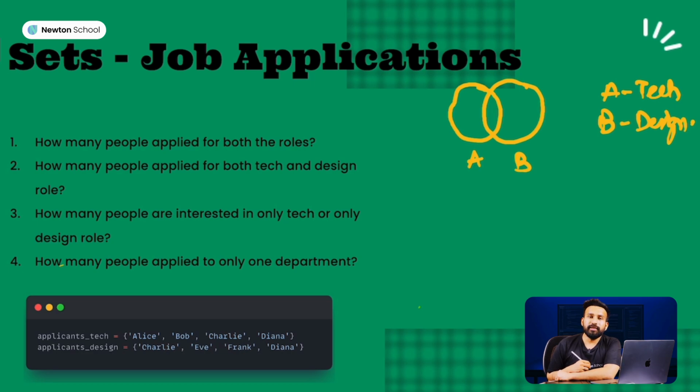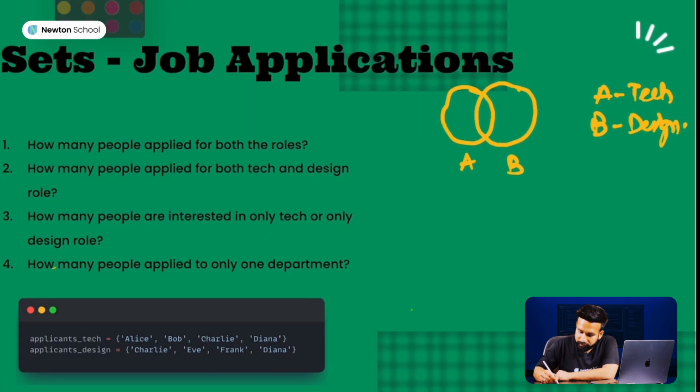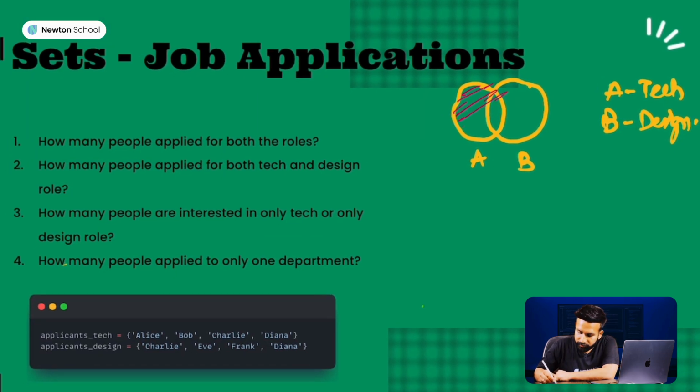Now I am saying, give me all the applicants who applied for either tech or design. Do I mean that I am looking for this entire set, A or B? A or B is typically represented with this symbol, and it is also called a union operation. You're uniting both the things. Union of two things, uniting two things.